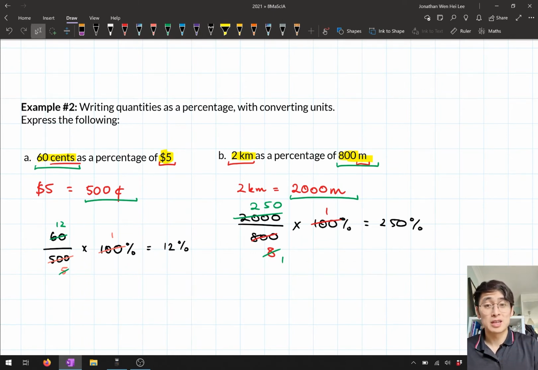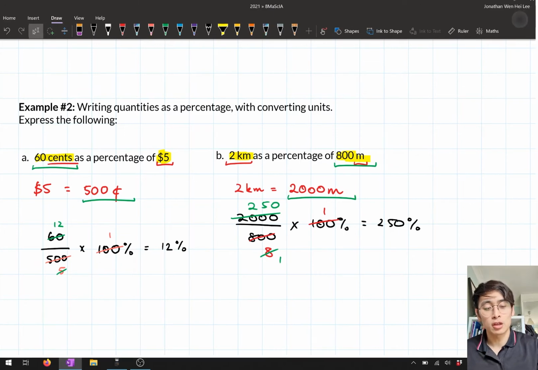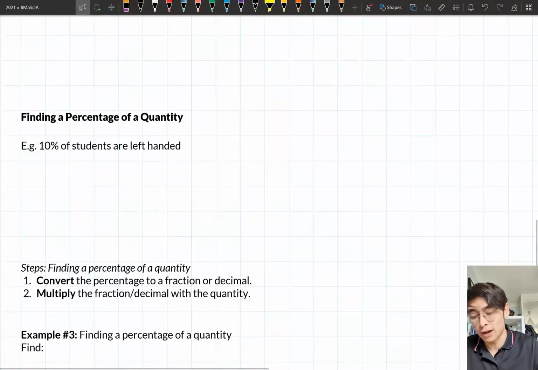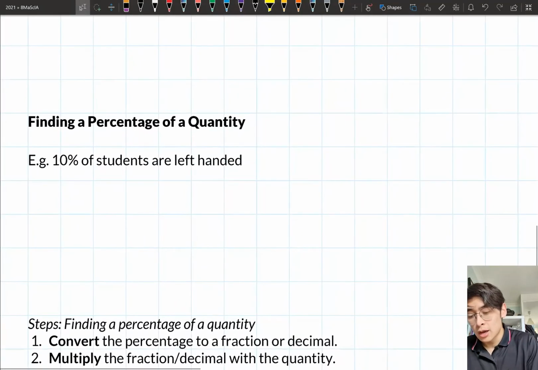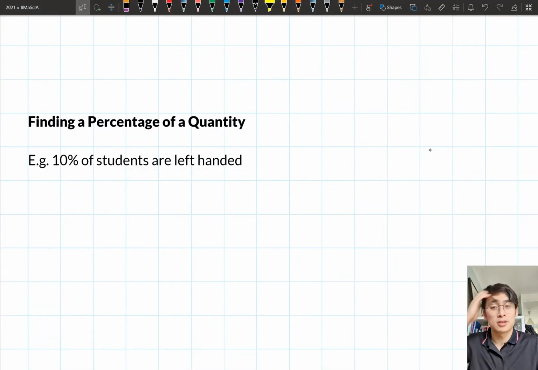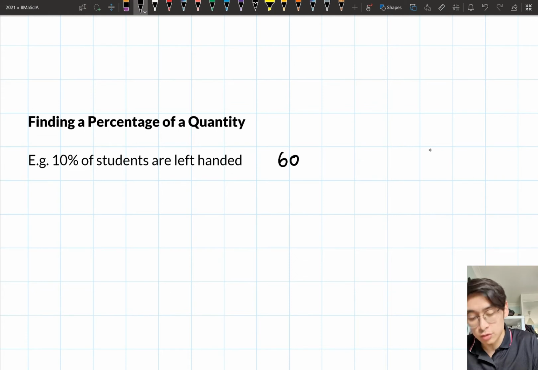So that's the first part of today's lesson. The second part is finding a percentage of a quantity. So here, an example of when this particular skill would be used is if you get told 10% of students are left-handed. Now, in our maths and science in action class, we have 60 students roughly.